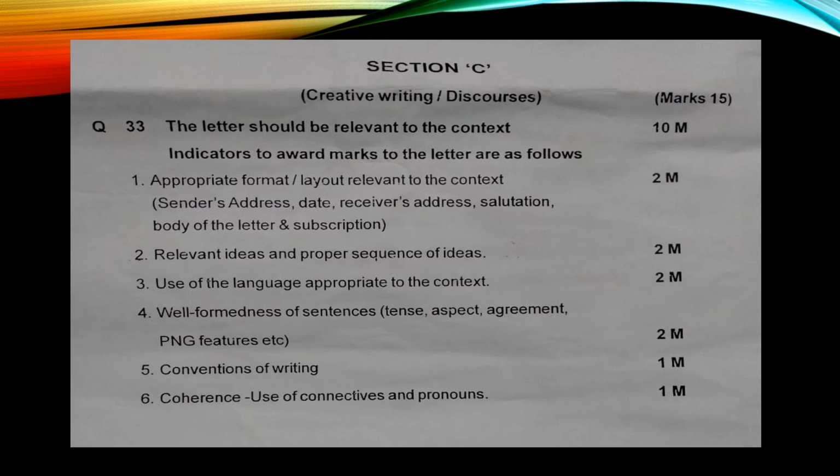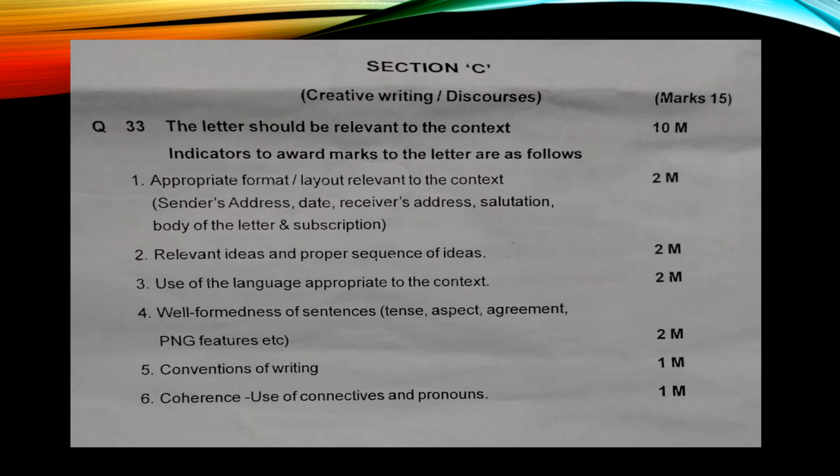And the second one, relevant ideas and proper sequence of ideas. So the question is about air pollution and solving the problems. All these things you have to present in a proper manner. This contains 2 marks. And the third, use language appropriate to the context. So language is also important when you are preparing letter writing.